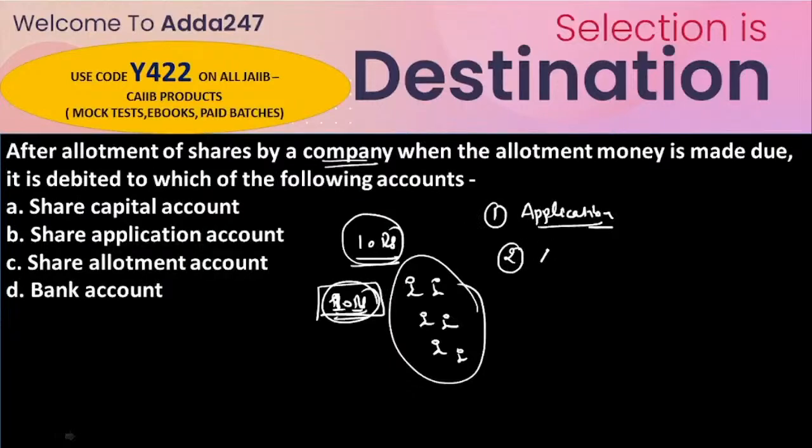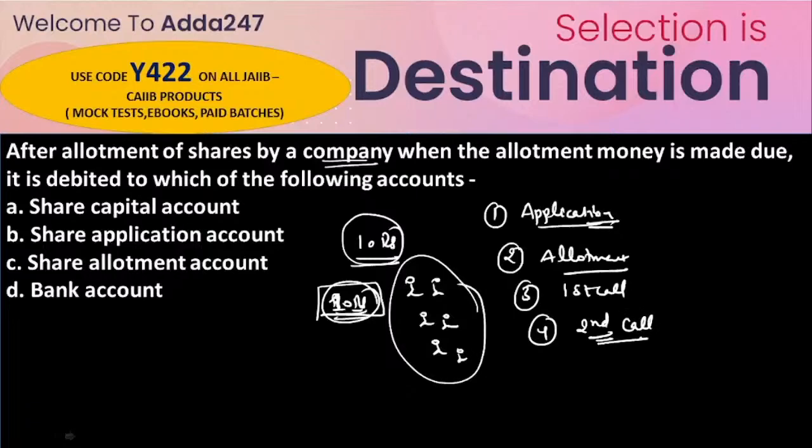The second installment is allotment, and after allotment every installment is known as a call. So application, allotment, then the first call, and suppose the company demands a next installment, that is the second call.